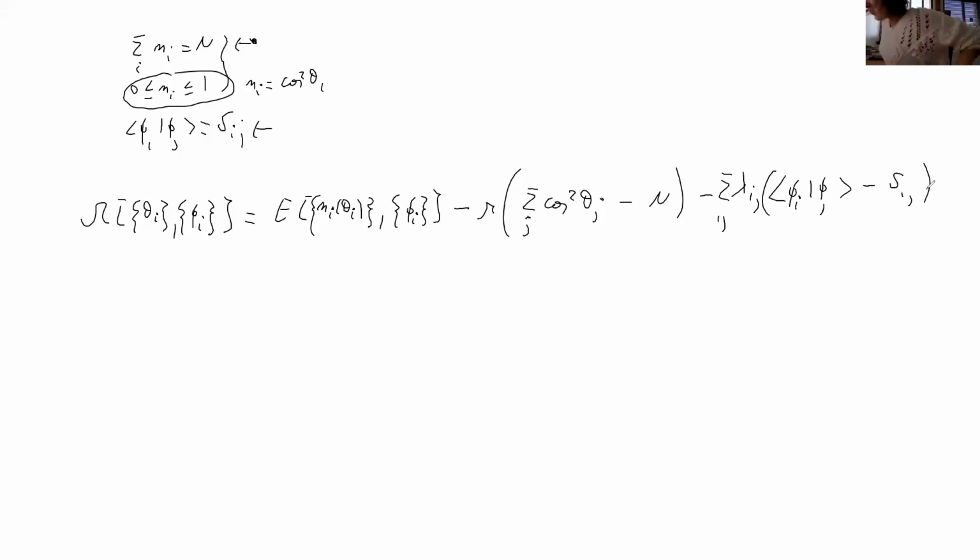So at the end, what we have to minimize is this, and the minimization is with respect, as I said, to occupation numbers and natural orbitals.